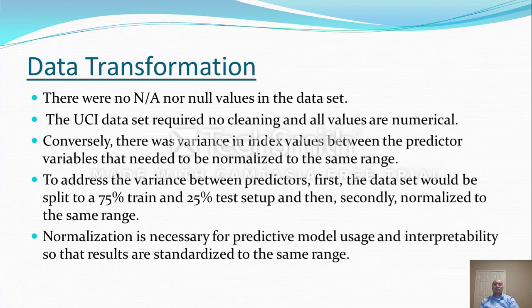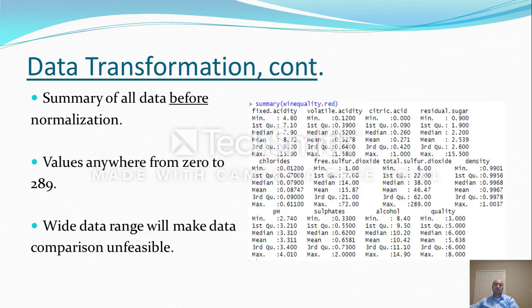Now, to address this issue, the dataset would be split into a train and test set. The train would be about 75% and the test would be about 25%. After it's been split, it would then be normalized to the same range. Normalization is necessary for predictive model usage and interpretability so that the results are standardized to the same range.